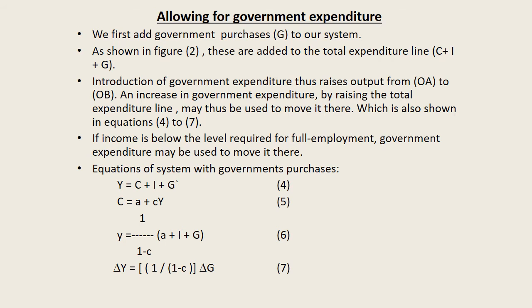As a result, equation 7 represents a change in income as a result of a change in initial government spending.